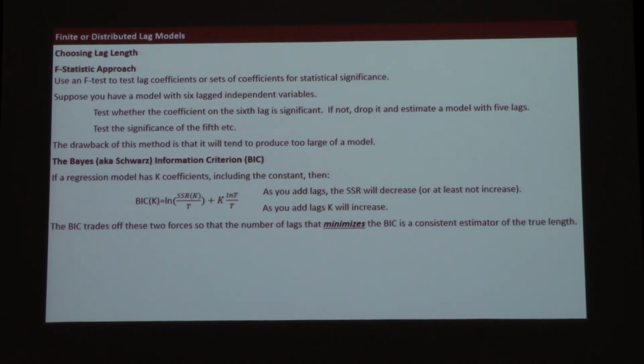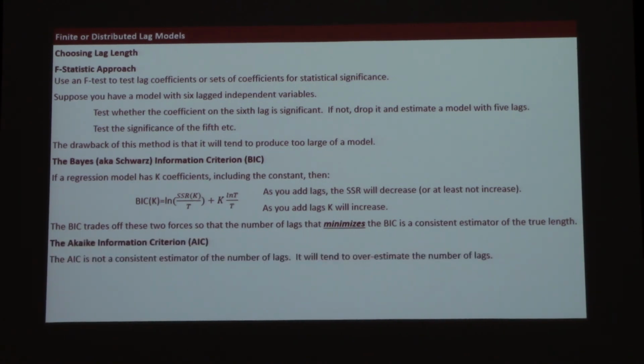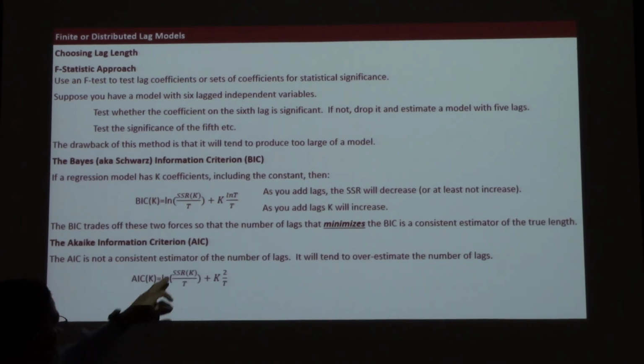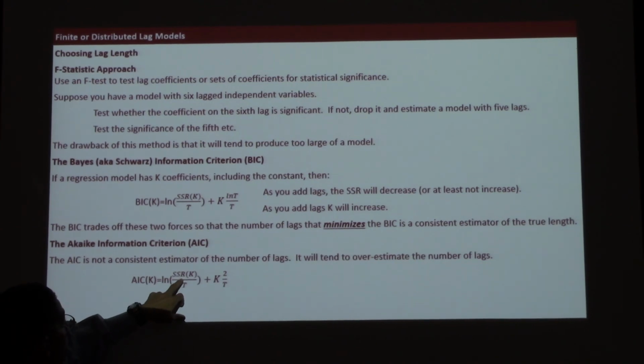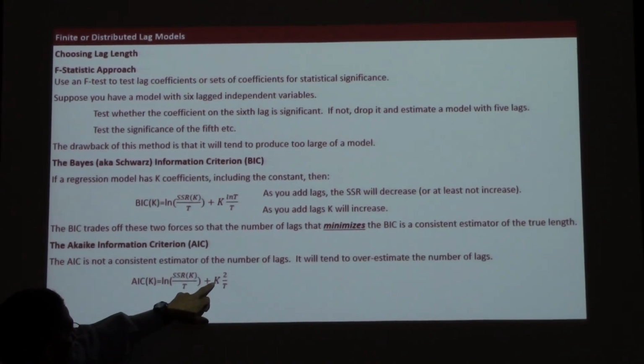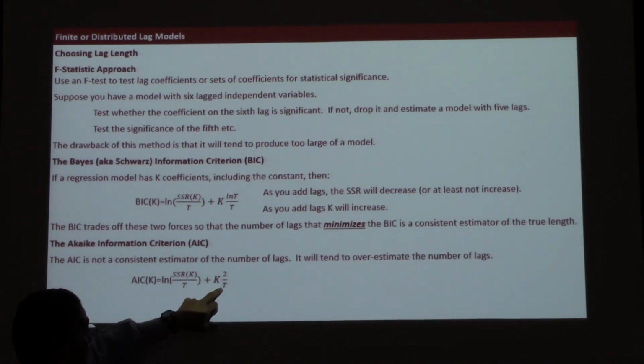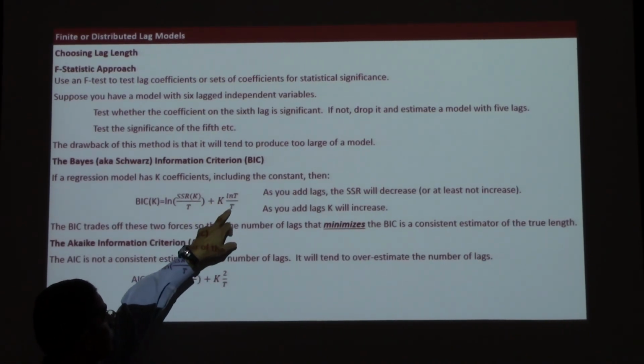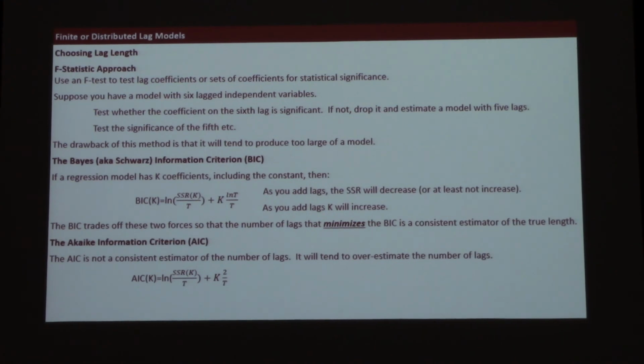And that's good. The other is called the Akaike information criteria. And it's almost the same. If you look at these two, the log of the sum of the squared regression over T, plus k, this is 2 over k, this is the log of T over T. So you can see that they're pretty close to each other.